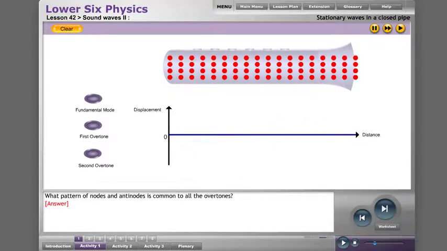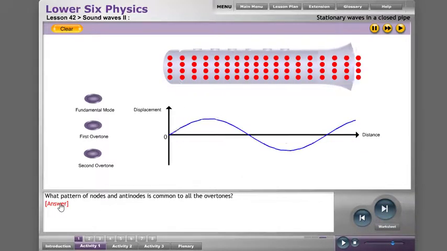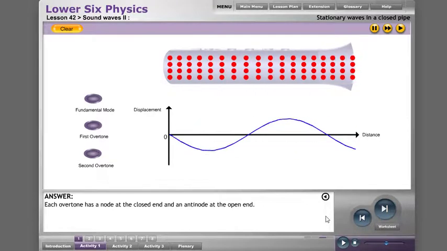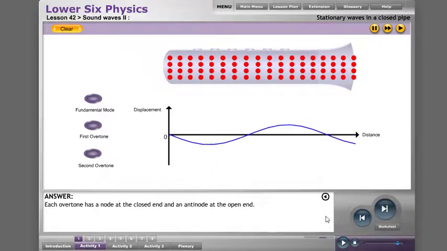What pattern of nodes and antinodes is common to all the overtones? Answer: each overtone has a node at the closed end and an antinode at the open end.